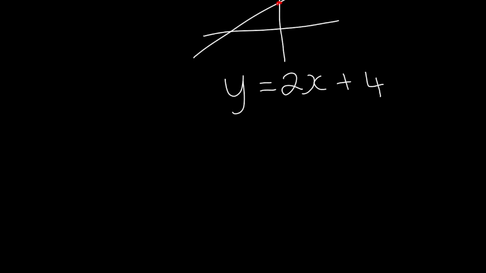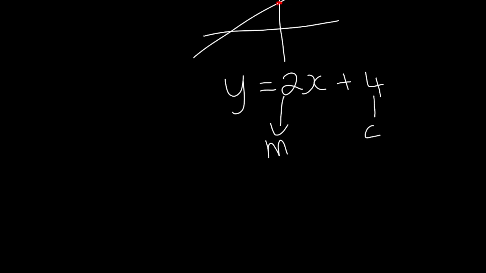Okay, so as you can see, this equation right now, the x and the y, nothing has changed, but we have a coefficient of x here. Okay, so this is the gradient and that is our C.